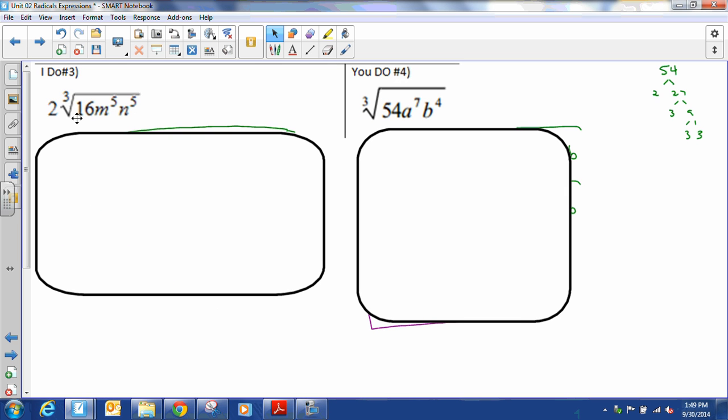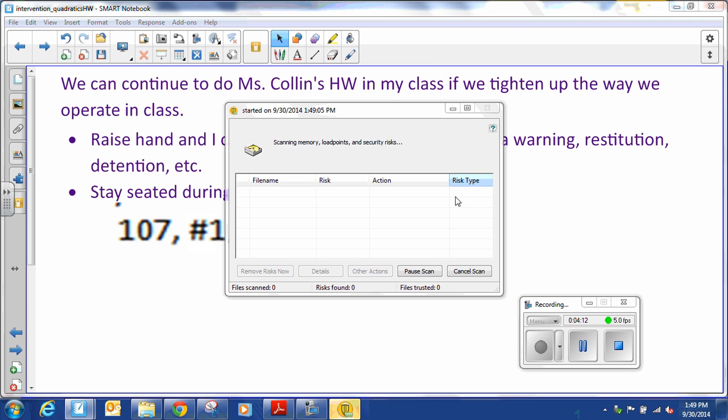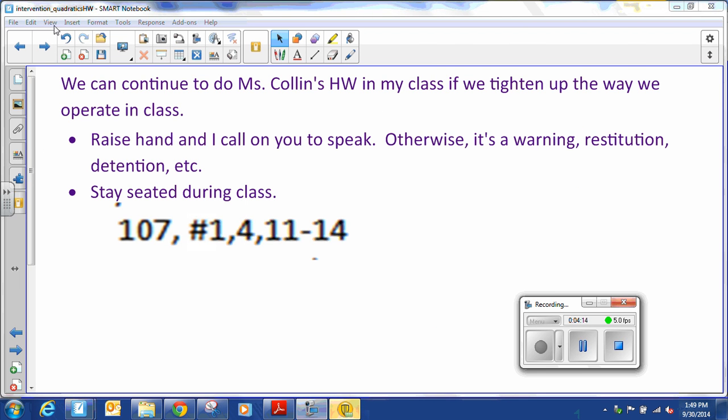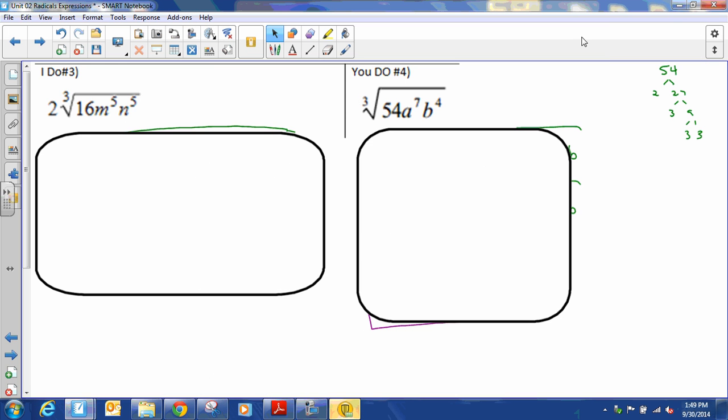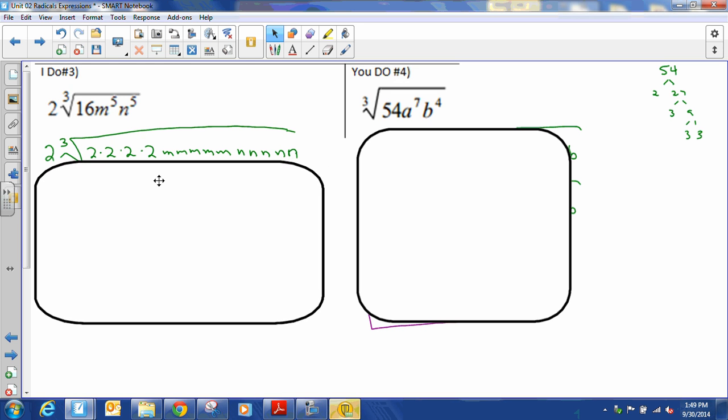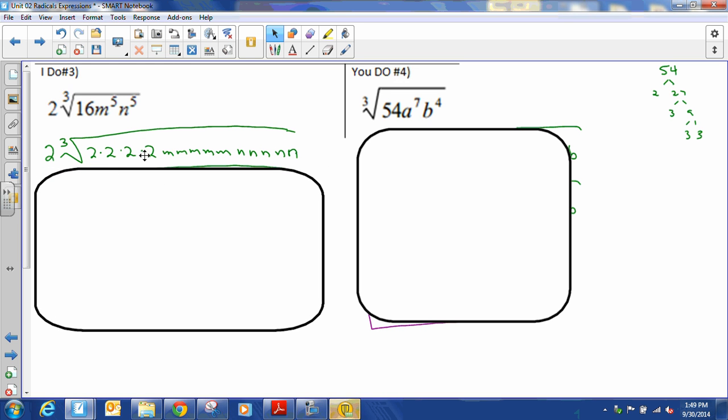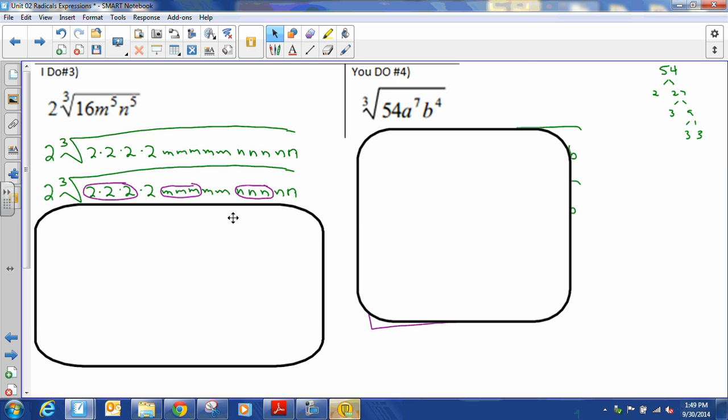Cube root. Now, cube root jail is even tougher to make it out. As a matter of fact, you have to come up with a trio. So the trio, if we expand out 16, 2 times 2 times 2 times 2, 5 m's and 5 n's. Now the trios, unfortunately, 2 of them get shot and die.